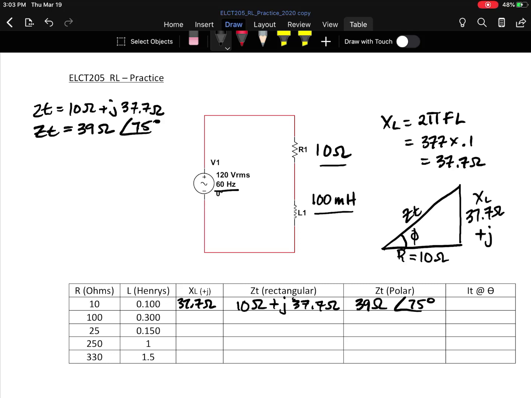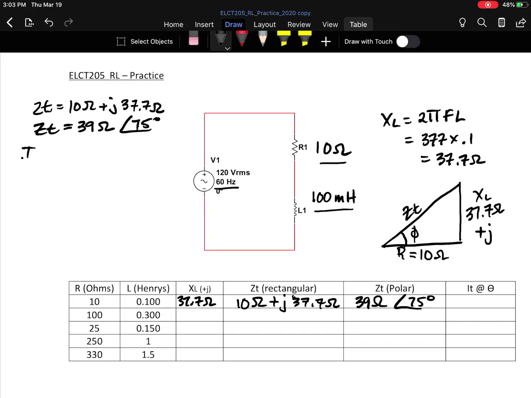Now, how can we go about determining the angle of the current with respect to the applied voltage? What we can say is I total is going to equal my E source value at 0 degrees divided by my Z total value at angle phi.